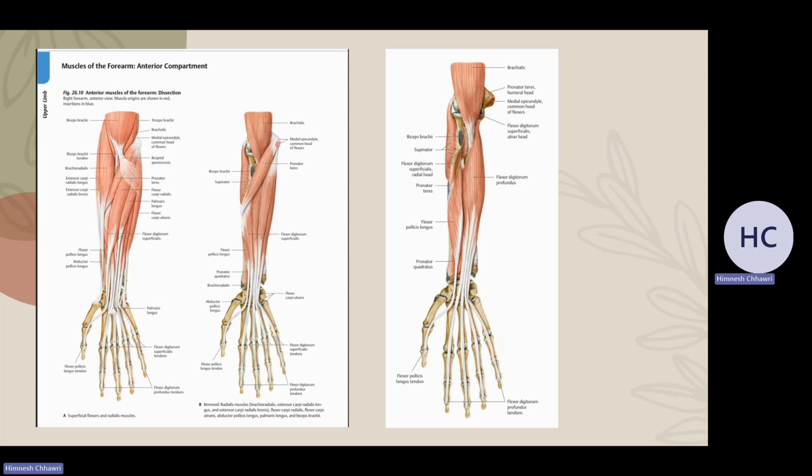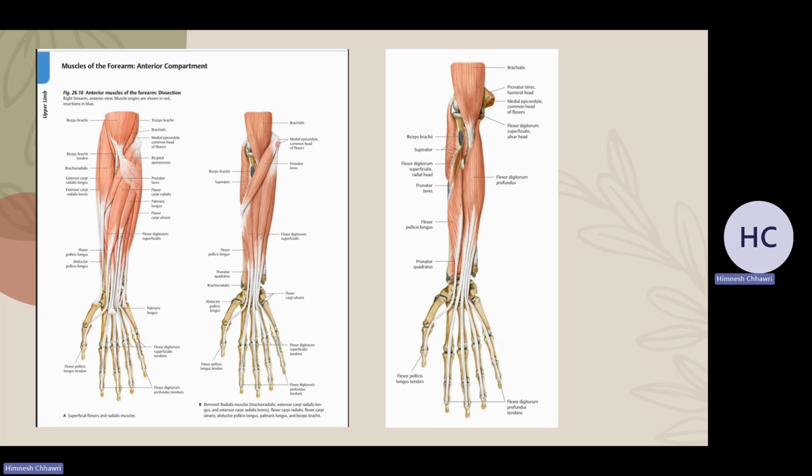The radial head originates from the upper half of the anterior border of the radius, and inserts into the sides of the middle phalanx of the second to fifth digit. First, second, third, fourth, fifth digit. Proximal phalanx, middle phalanx, distal phalanx.